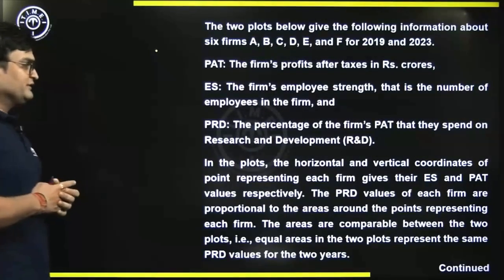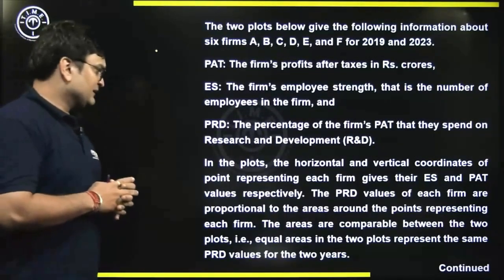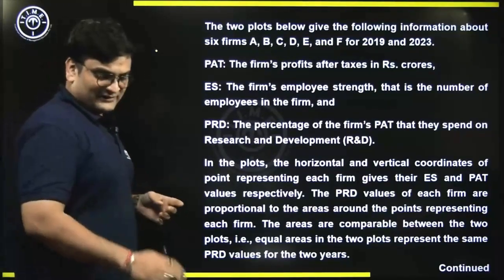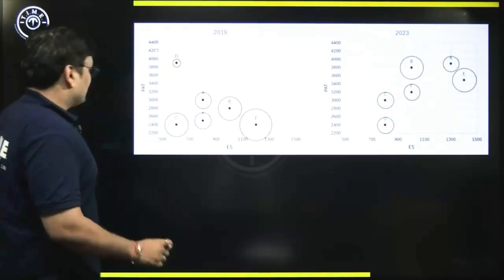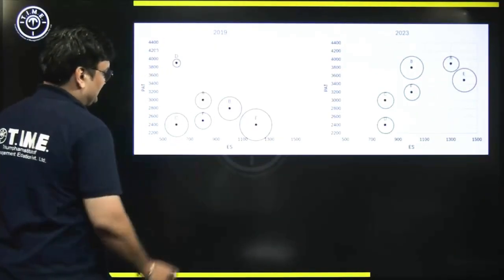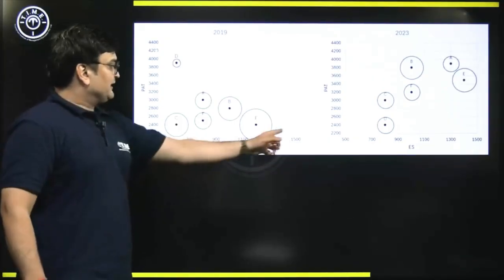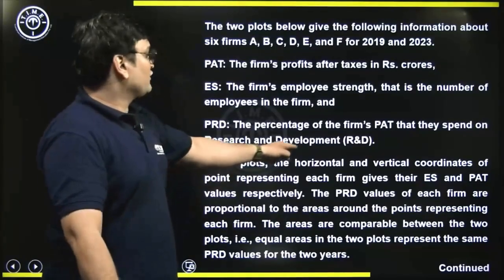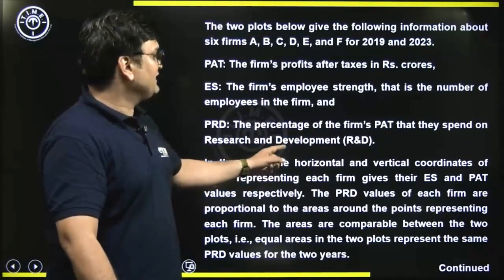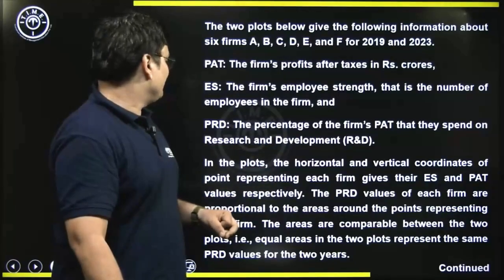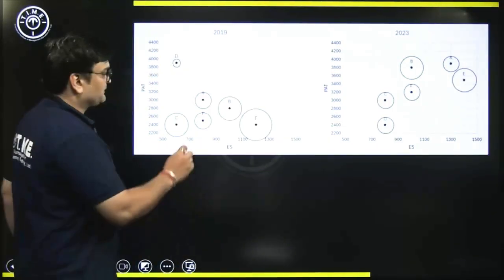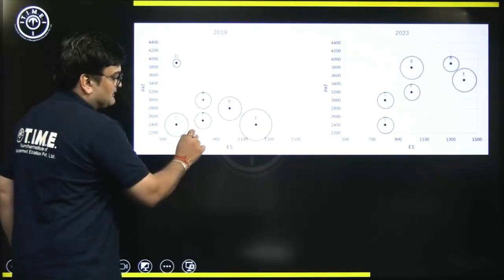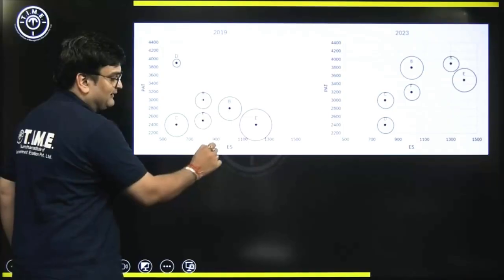In the plots, the horizontal and vertical coordinates of the point representing each firm give their ES and PAT respectively. For example, if you talk about company A, this is the point which represents A. So the ES value will be somewhere between 700 and 900.